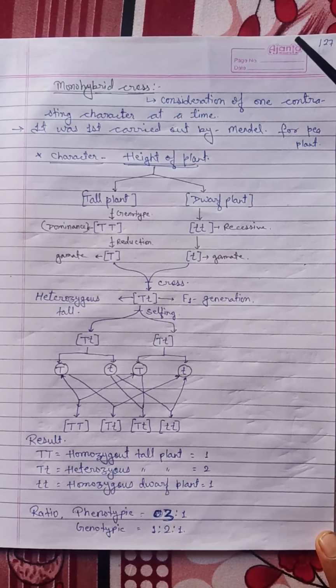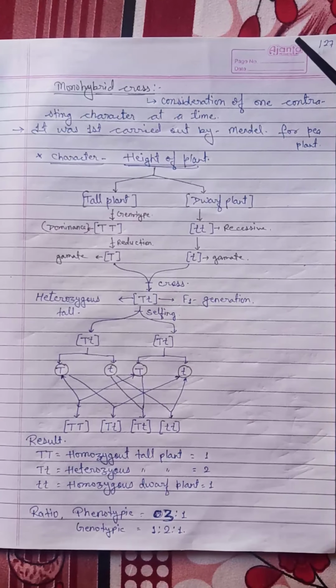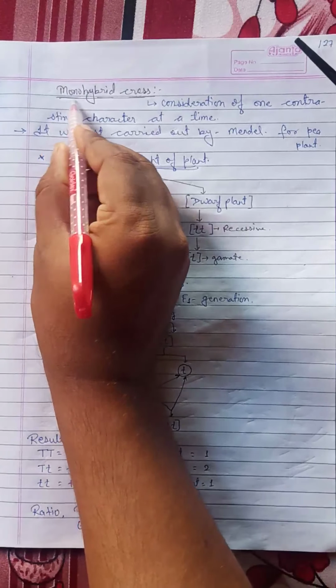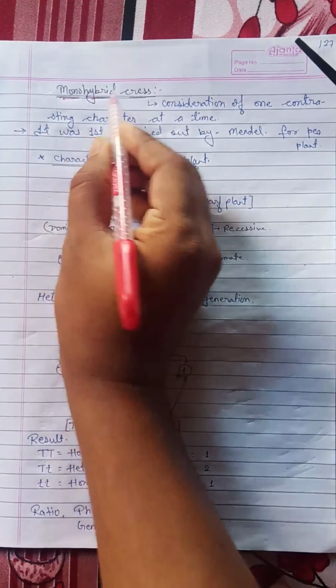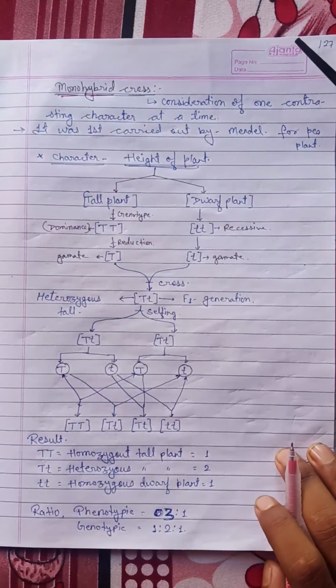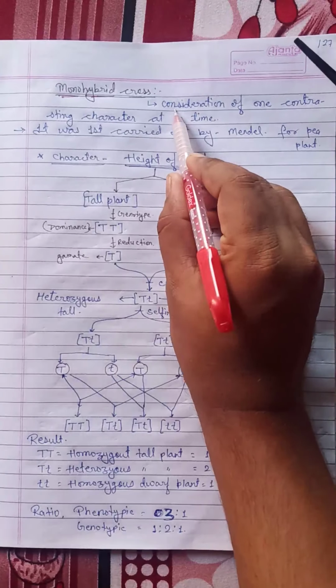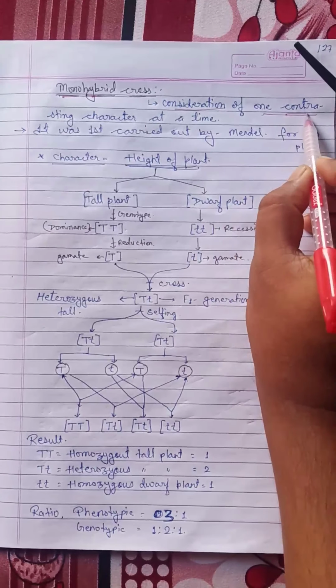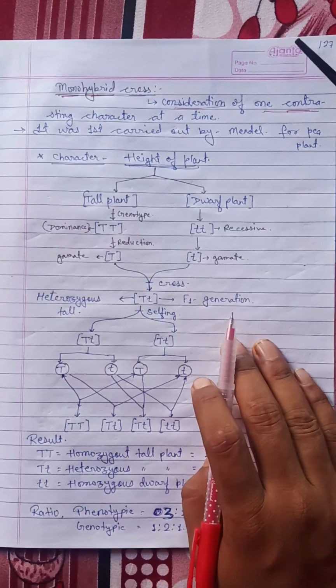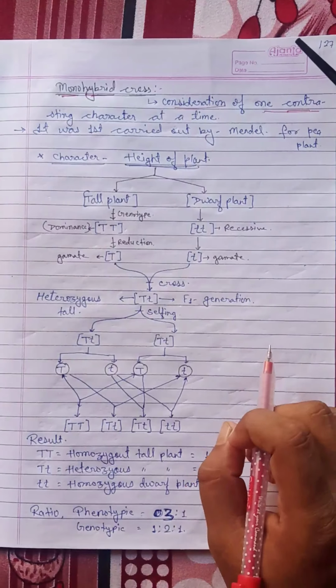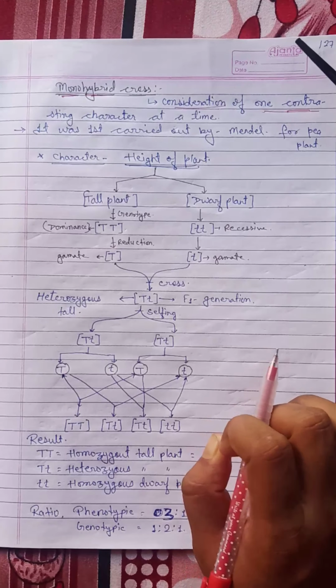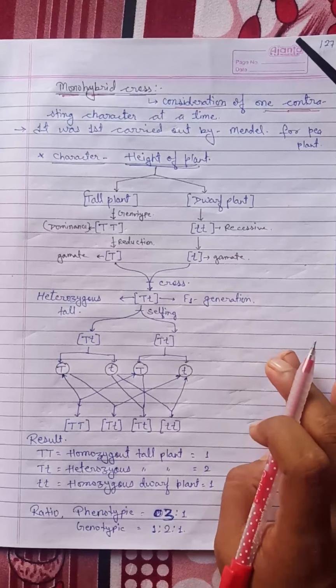So monohybrid means a single contrasting character related to the organism is called a monohybrid cross. It is the consideration of one contrasting character. Suppose we are taking height, color, shape.